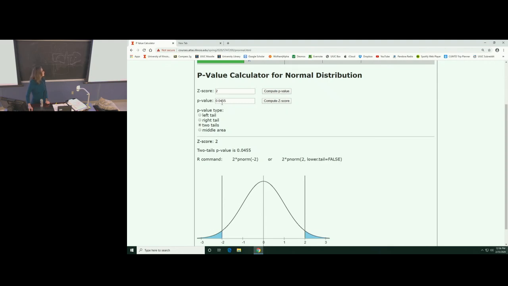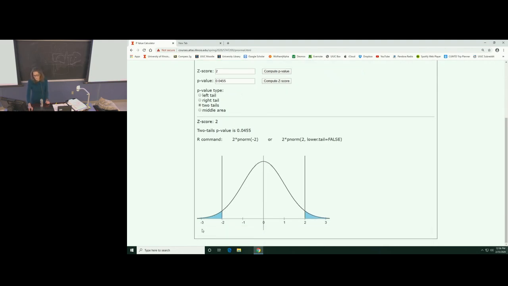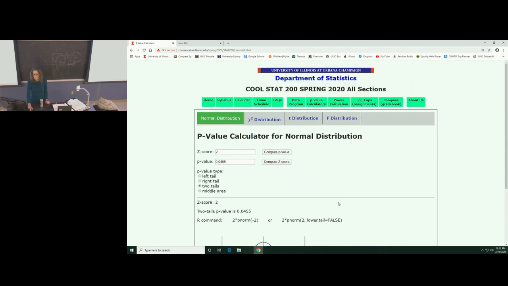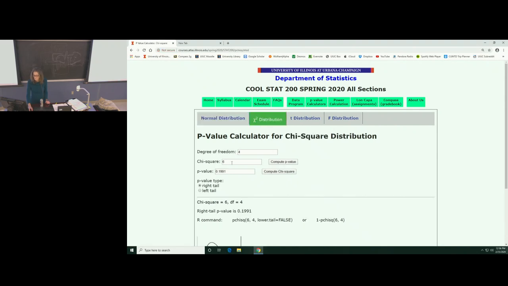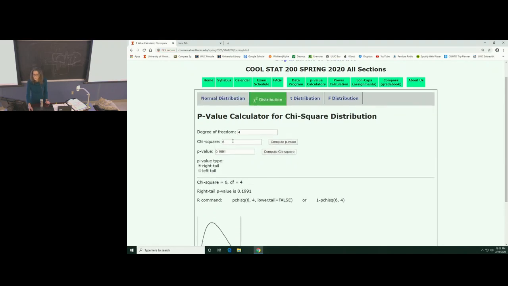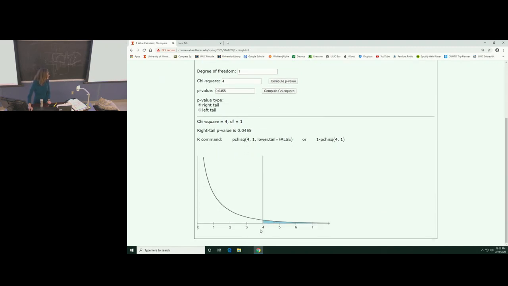It's about 4.55%, and that's the area of both tails. Now, if we do a chi-square test, the z-score, we're going to have to square that, so our chi-squared will be 4, with 1 degree of freedom. And now we're going to compute the p-value, and do you remember we get the same exact thing?